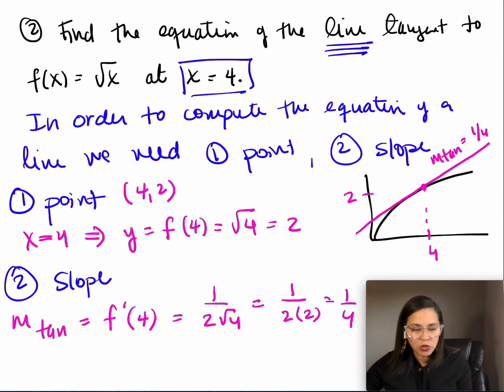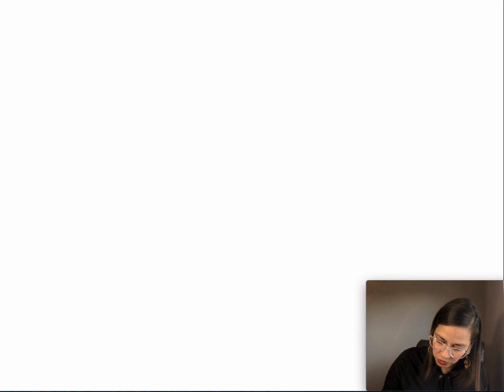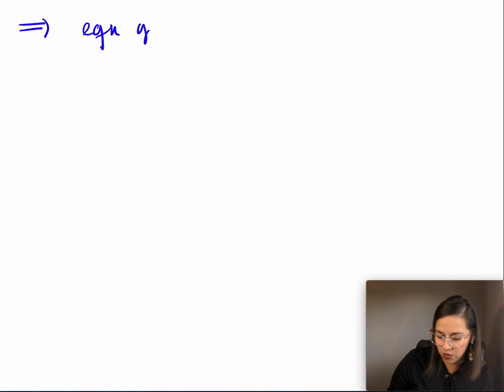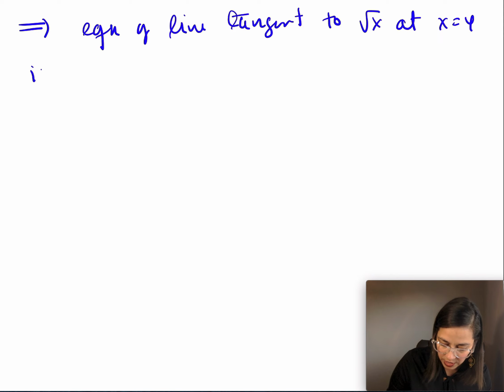Now we have to compute the equation of the tangent line. So that tells me that the equation of the line tangent to root of x at x equals 4 is, I'm going to say, y minus y1 equals m times x minus x1.